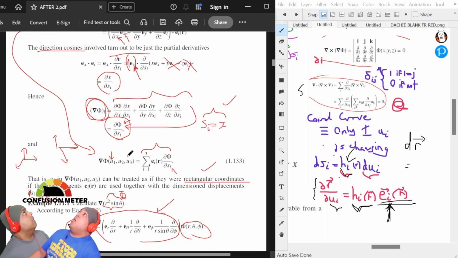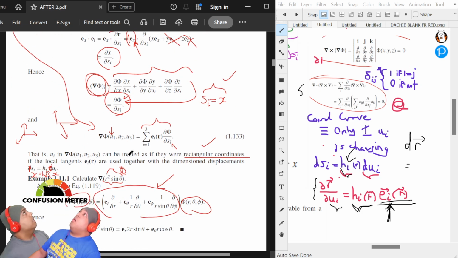Gradient of phi. Whenever we see gradient, we can just imagine this thing here: the e_i and the del s_i.